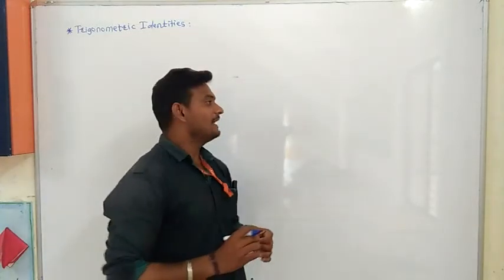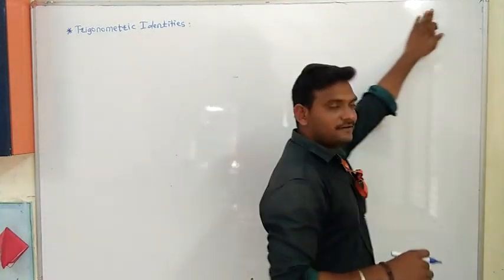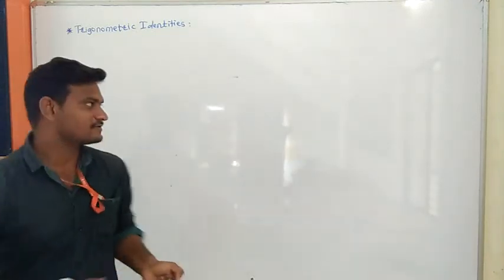For your class 10 there are 3 trigonometric identities. We will see them one by one. Let us see the first one.